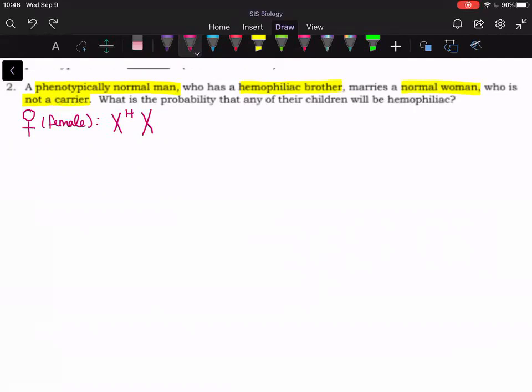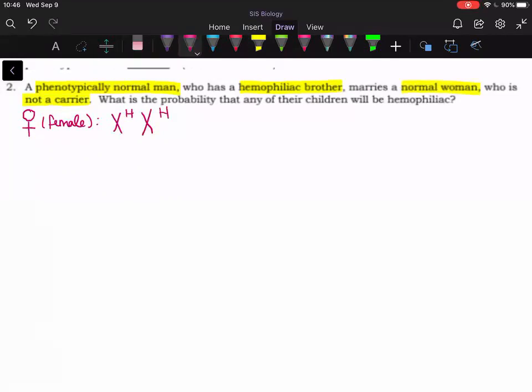Does that mean that the second letter here is a capital H or a lowercase h? It's going to be capital H. That means both of her genes are normal.